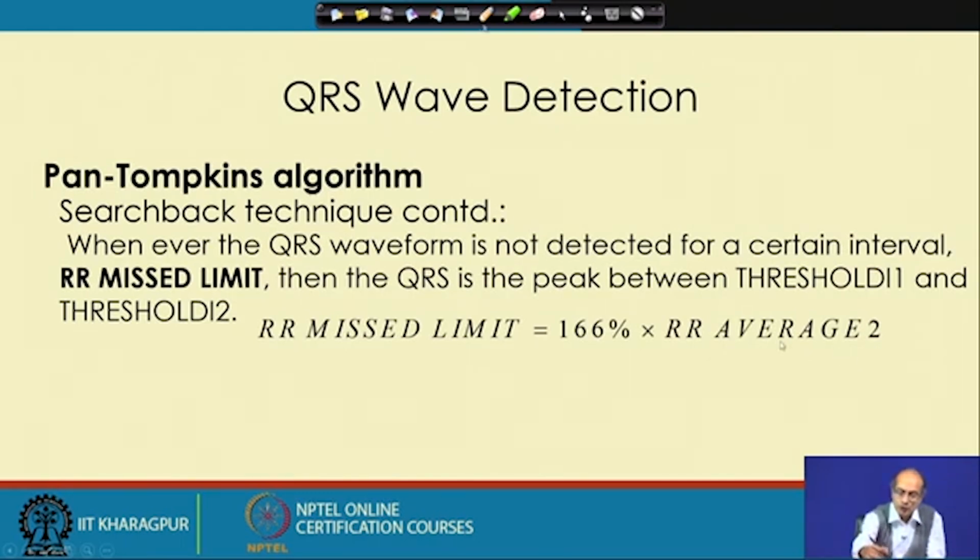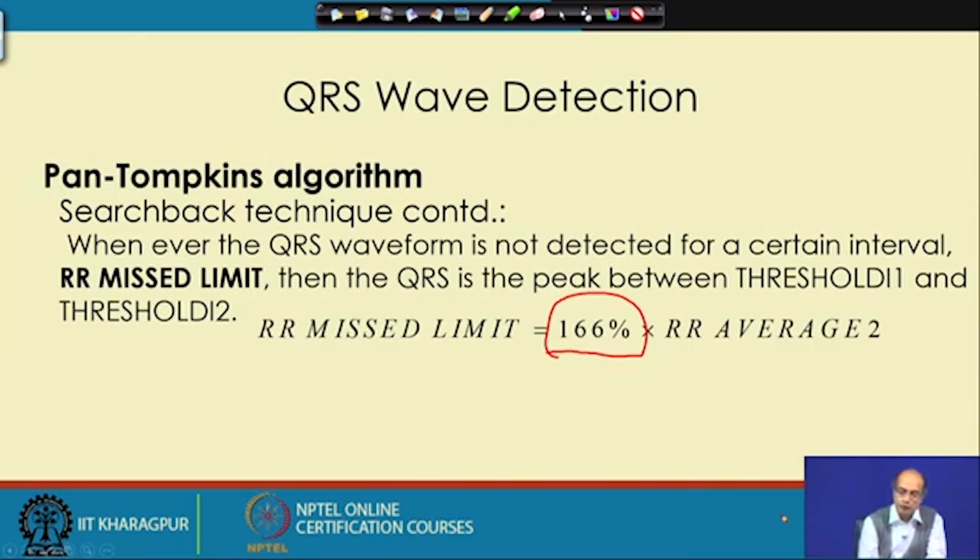Okay. So, that RR average 2 is the stable average or the robust average of the RR interval. If it is 166% of that, that means 66% more is considered as the limit. If still we do not get that R peak, that means we are sure that we have missed that R peak, because the heart cannot stop beating that long, or the frequency cannot go down that low.